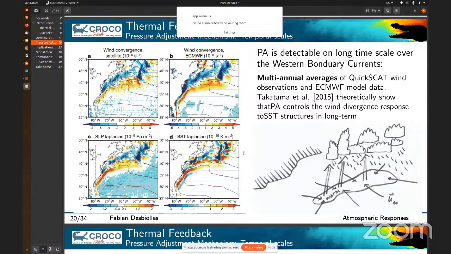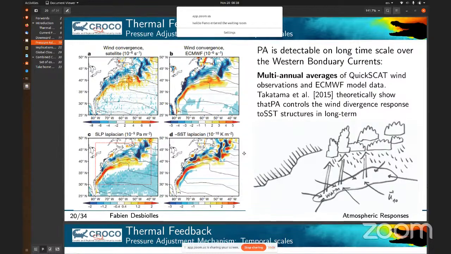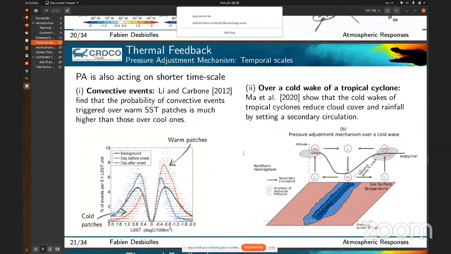We see that we have a very nice correspondence between sea level pressure Laplacian, SST Laplacian, and then wind convergence, and therefore rain over the Gulf Stream. Ariel did the same with the Agulhas, and you're right, I should update that to show an example on the Agulhas current.